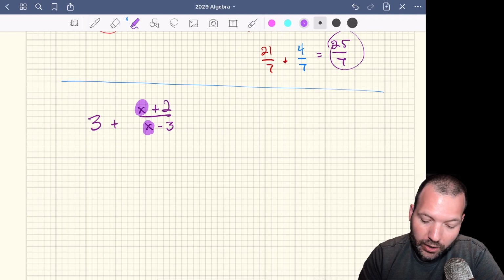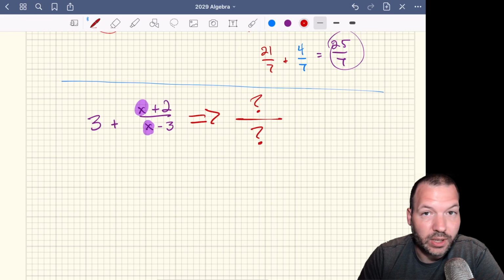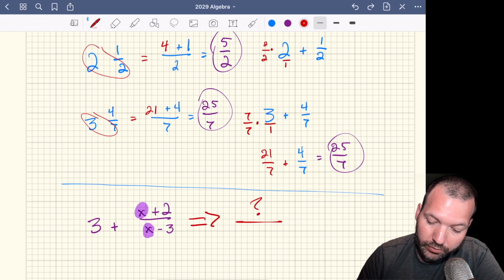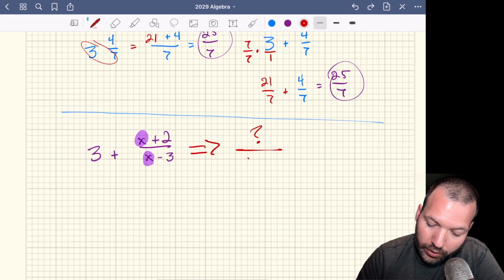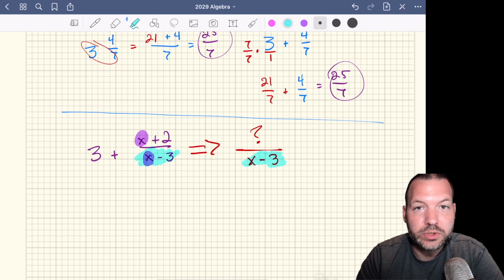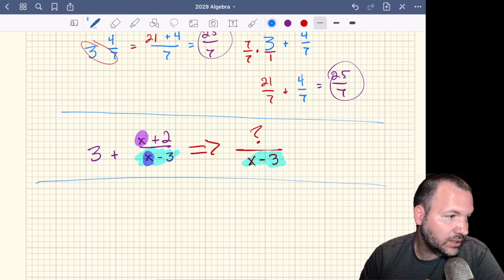It can be anywhere, and what we want to be able to do is express it as something over something. In fact, if you think back to what I just showed you about 30 seconds ago, you can probably already tell that the second something is going to be x minus 3. That original denominator, whatever it happens to be, is going to serve as our common denominator as we combine these expressions. So I think that's enough of an introduction.